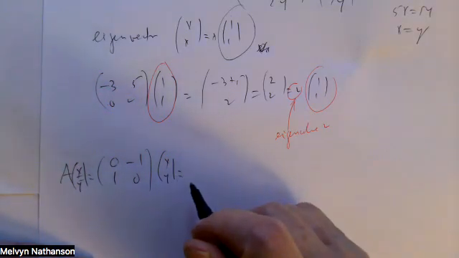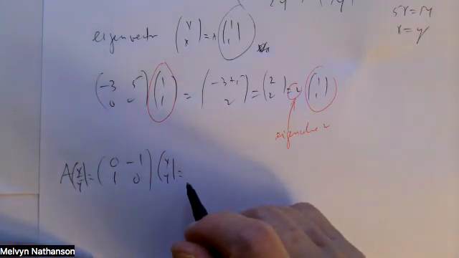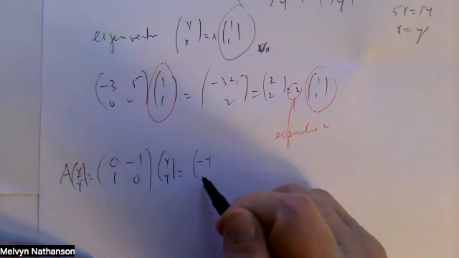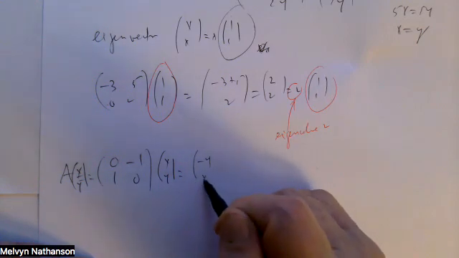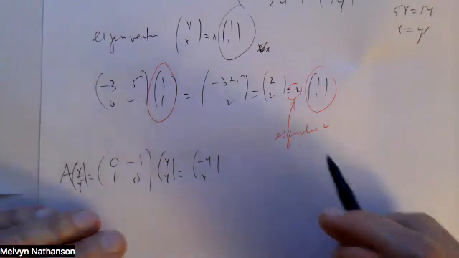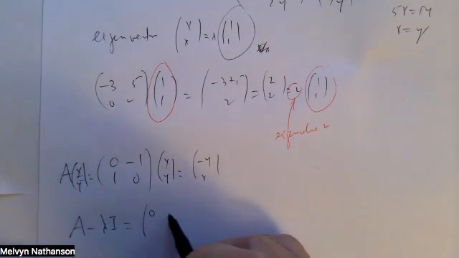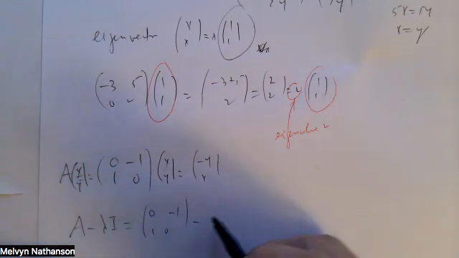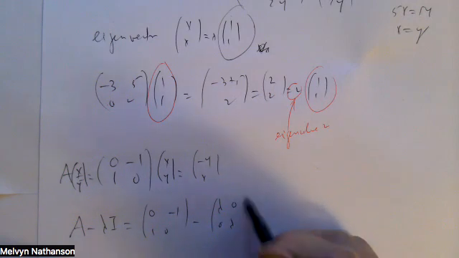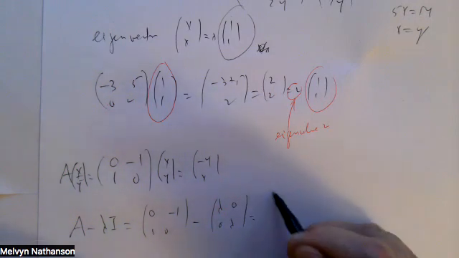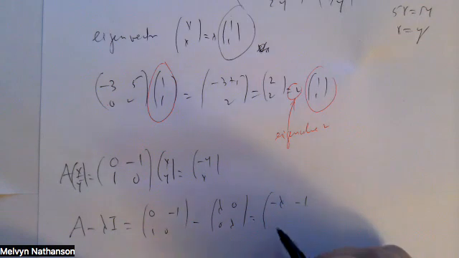We get, well, we'll get minus y plus x. But I really have to look at the matrix A minus lambda I. That's 0, minus 1, 1, 0, minus lambda 0, 0, lambda. So this is minus lambda, minus 1, 1, minus lambda.